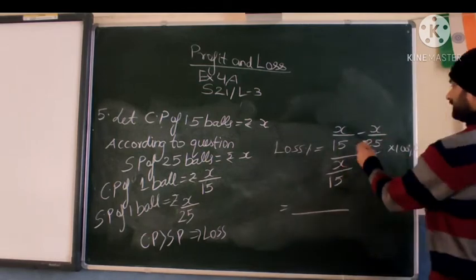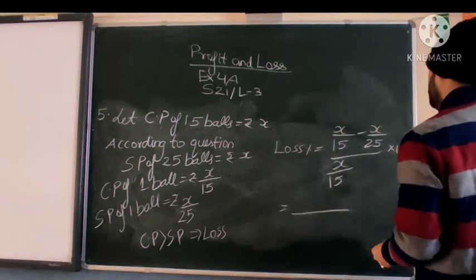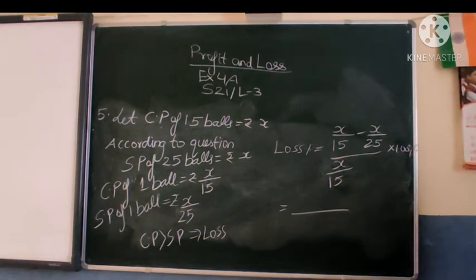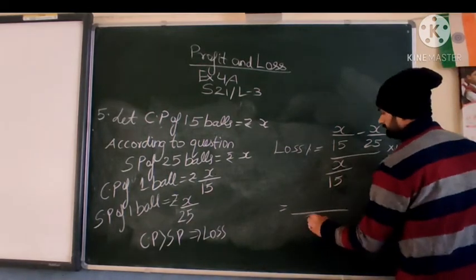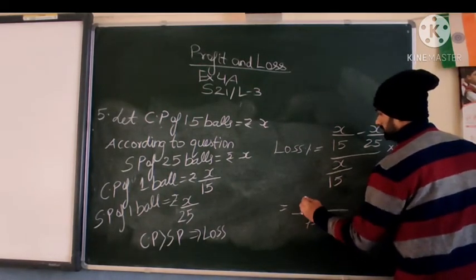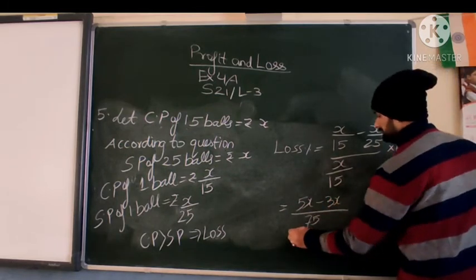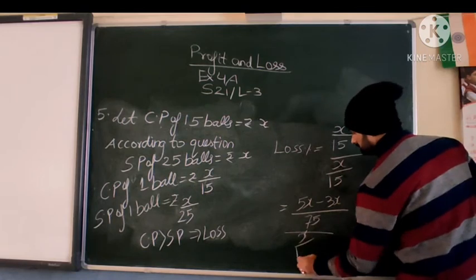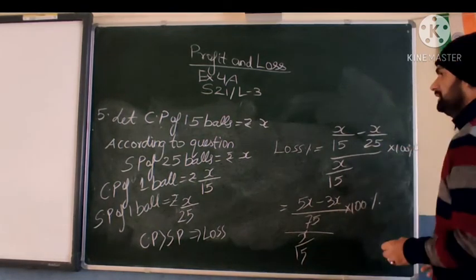So the LCM of 15 and 25: 15, 30, 45, 60, 75. So the value is the same. 5x minus 3x, into 100%. And what next?